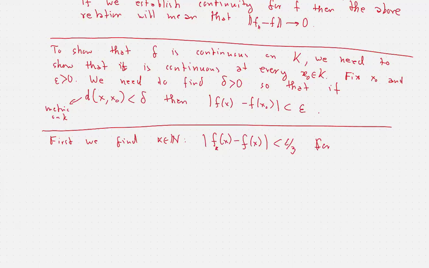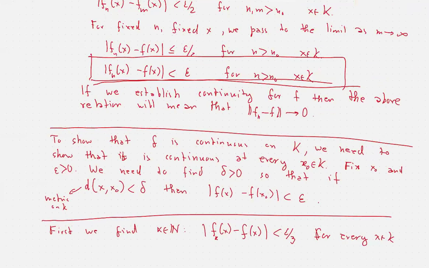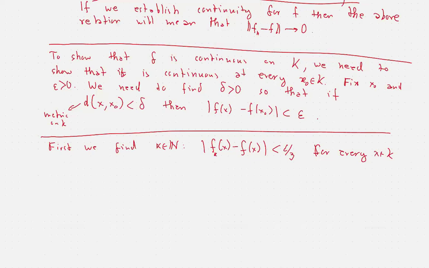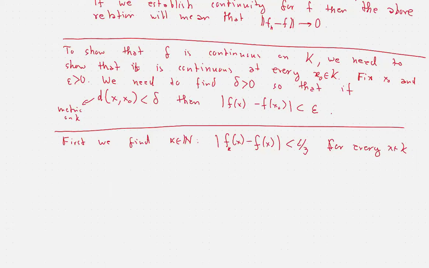For any epsilon, we can find n naught, so that for n greater than n naught, we have this nice inequality. So we apply it for epsilon over 3, and we don't need to reference all the indices greater than n naught. We just need to find one of them. So we find n naught plus 1. So k could be the first index for which that is true. And now we know that fk is continuous.